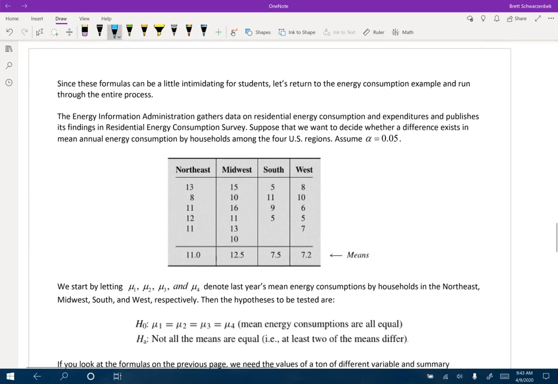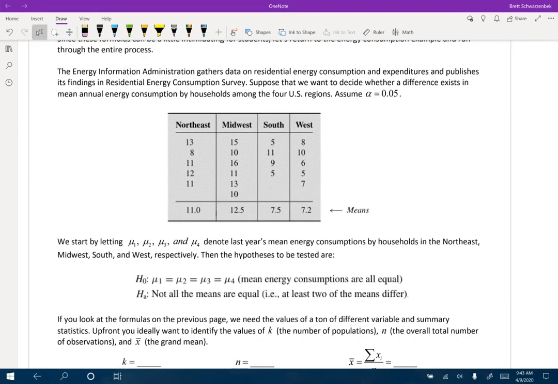Okay, let's talk about an example. It says the Energy Information Administration gathers data on residential energy consumption and expenditures and publishes its findings in a survey. Suppose that we want to decide whether a difference exists in the mean consumption of annual energy by households among the 4 U.S. regions.